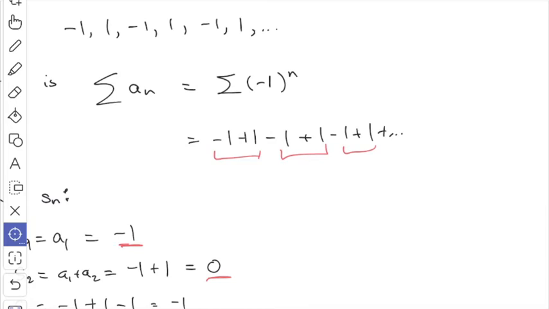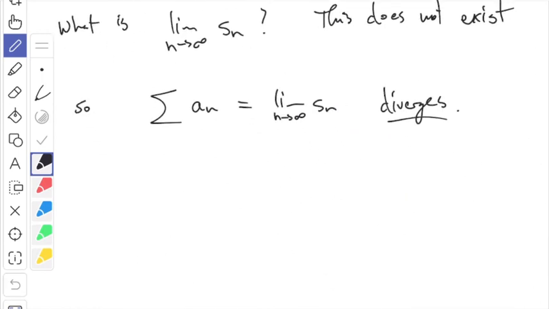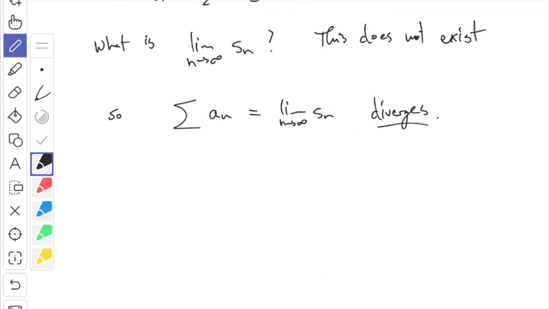That's true. But if instead you took only an odd number, they would not all cancel out. You'd have left over -1. And so who's to say? Are you going to get 0? It alternates between being 0 and being -1. And so it does not converge. All right? The series diverges. That's a little disappointing, perhaps.